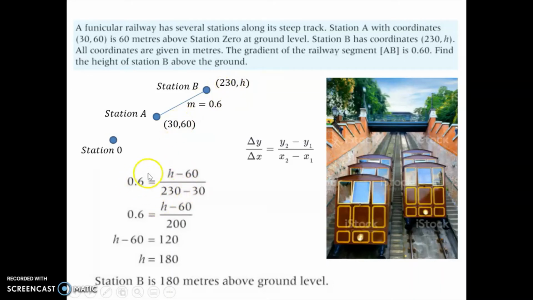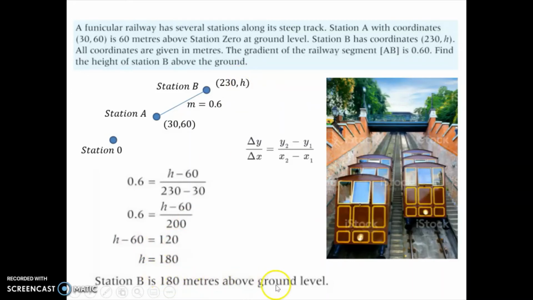So I put everything in that equation there, and h is unknown, but it's the only unknown in this equation, so we can solve for it. Simplified, we have 200 on the bottom. Then we can multiply by 200 on both sides, so 200 times 0.6 is 120, and then add 60 to get 180. So we just found out that this value is 180, and that answers the question.